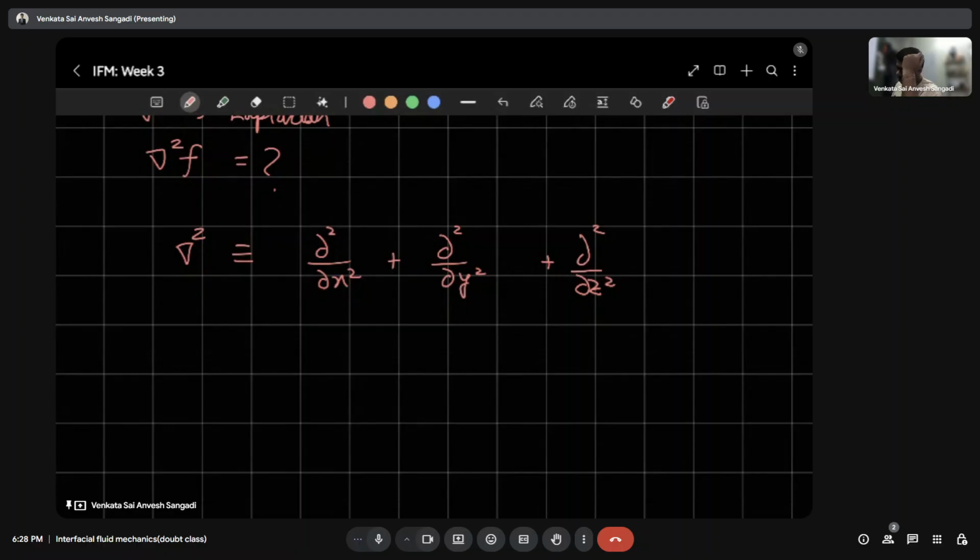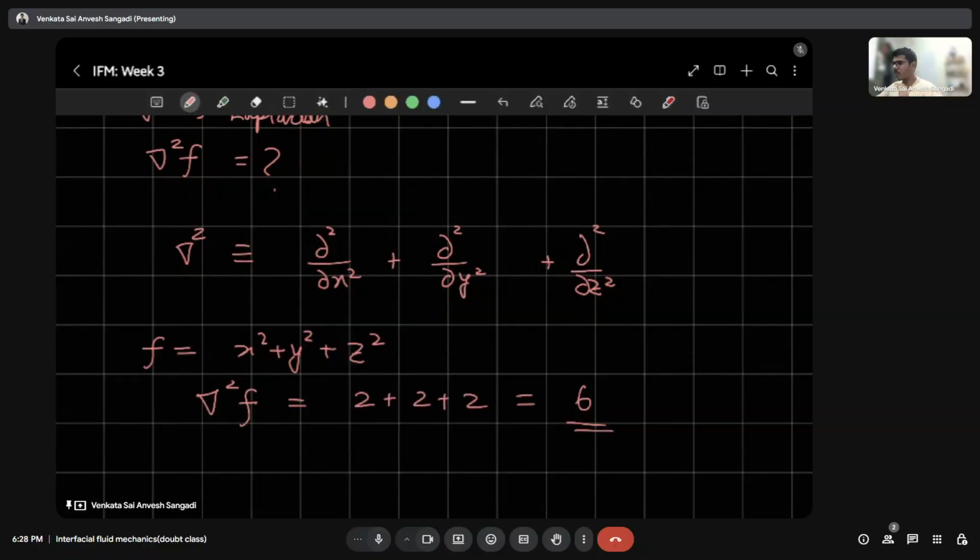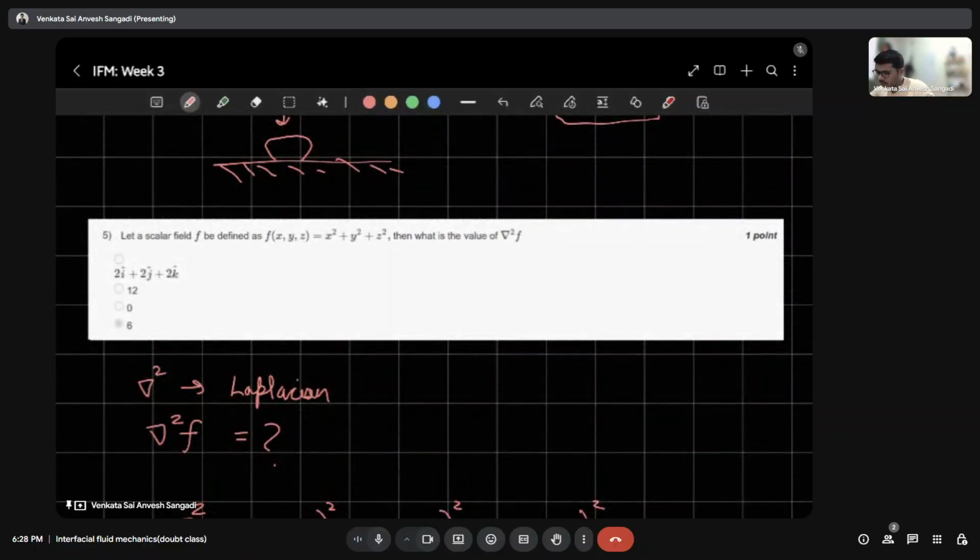Now we also know that f goes as x square plus y square plus z square. So trivially, del square f should be equal to 2 plus 2 plus 2, which is equal to 6. So the answer is 6.